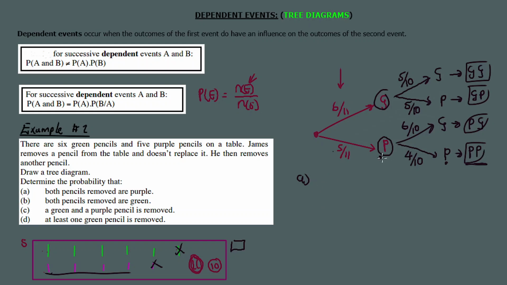So our outcome now is PP. The probability of getting a purple and then another purple is equal to, we use this formula. Basically we multiply these probabilities, but if you look here, you see that for the second event it depends on what happened previously. If I chose a purple, then the sample size here decreases to 10.